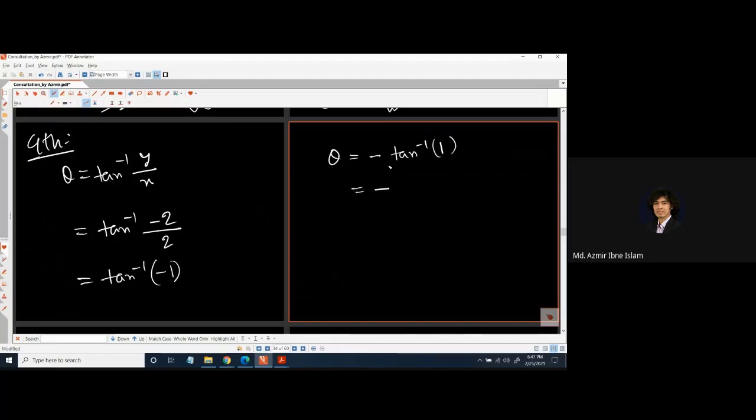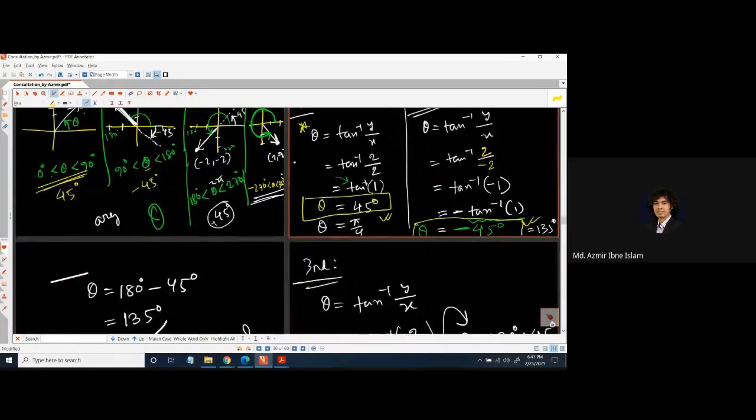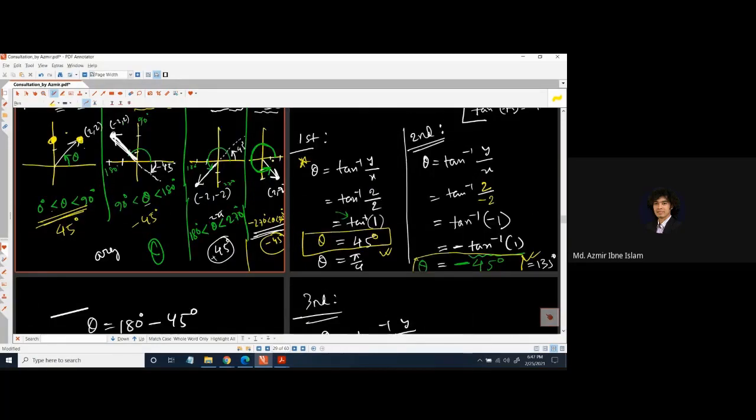Now tan inverse 1, you know, it is 45 degree. So the angle that we have found here is negative 45 degree. But the assumption that we have made earlier, we have found negative 45 degree. So this is negative 45.